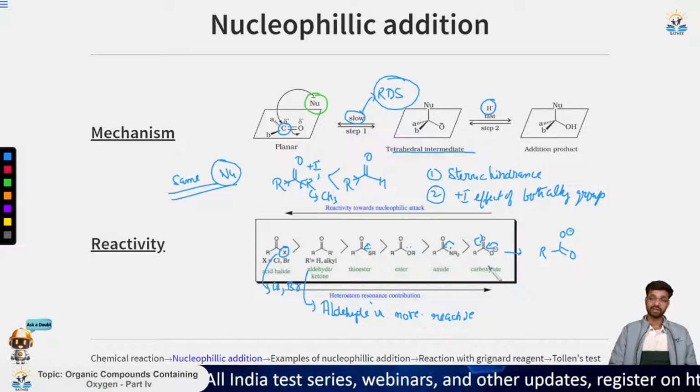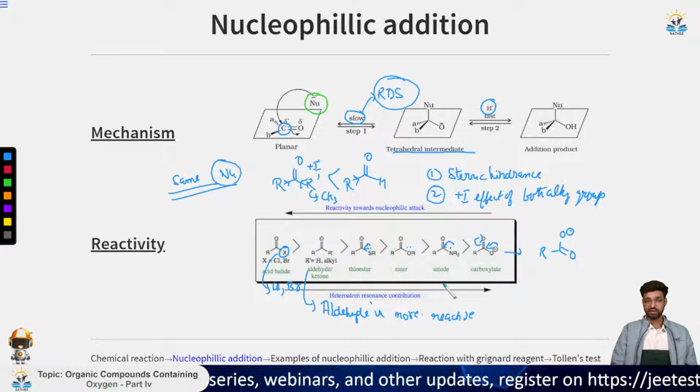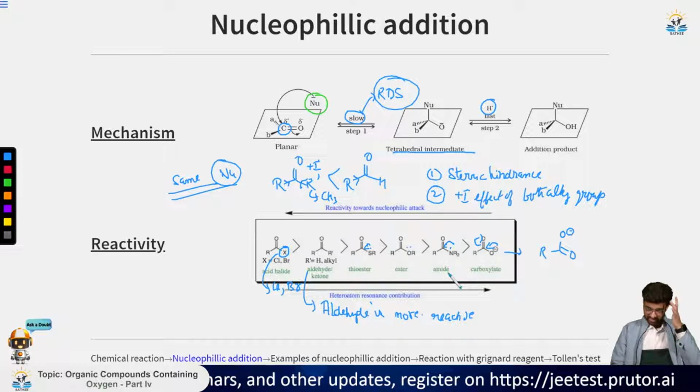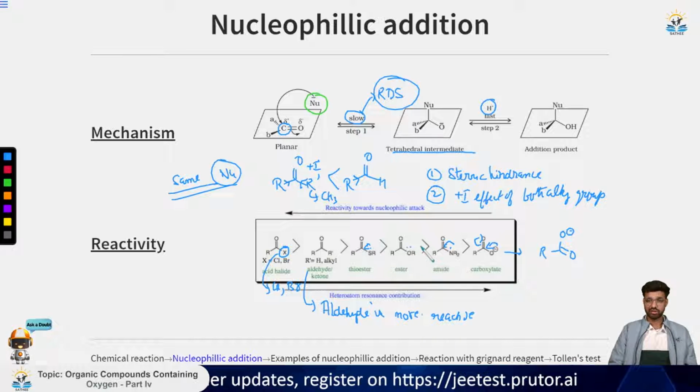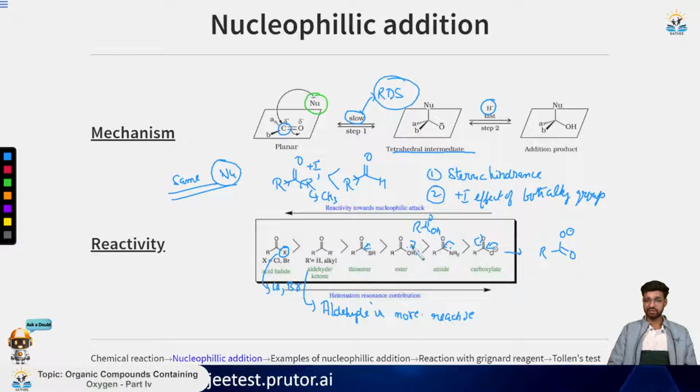So it is the least reactive one. This is the order of nucleophilic attack on the carbonyl center. If you want to place carboxylic acid, it will be here between your ester and your amide group.